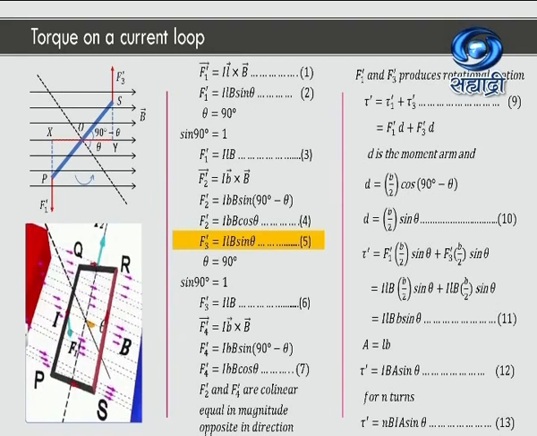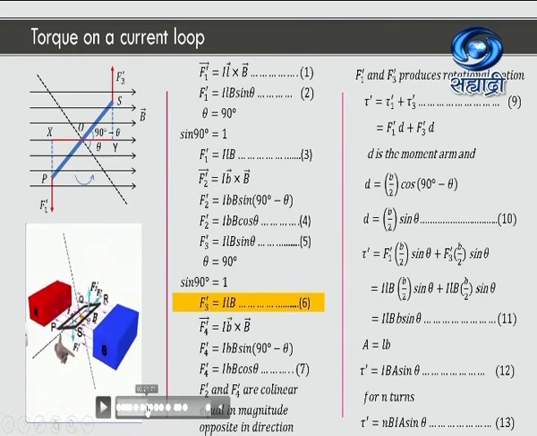But the angle here is 90 degrees, so sine 90 degree is equal to 1. So F3 dash is equal to I L B, maximum force, equation number 6. The direction of this force is again given by Fleming's left hand rule, and you will see that the force F3 dash is acting in the upward direction, opposite to that of force F1 dash.